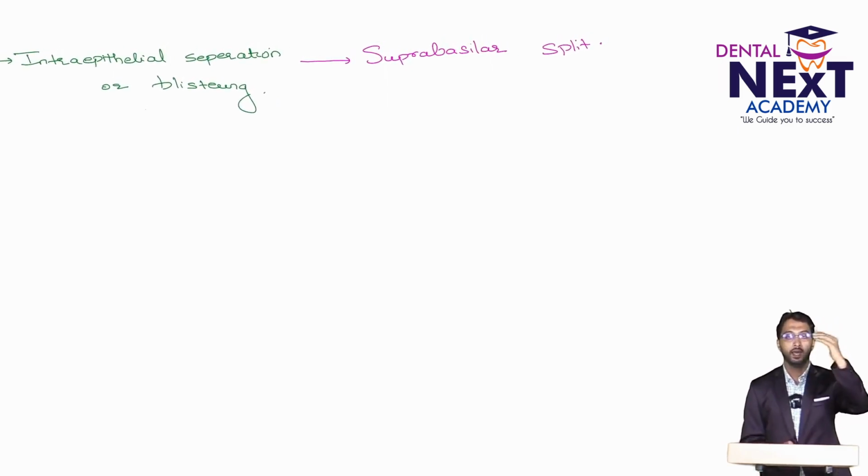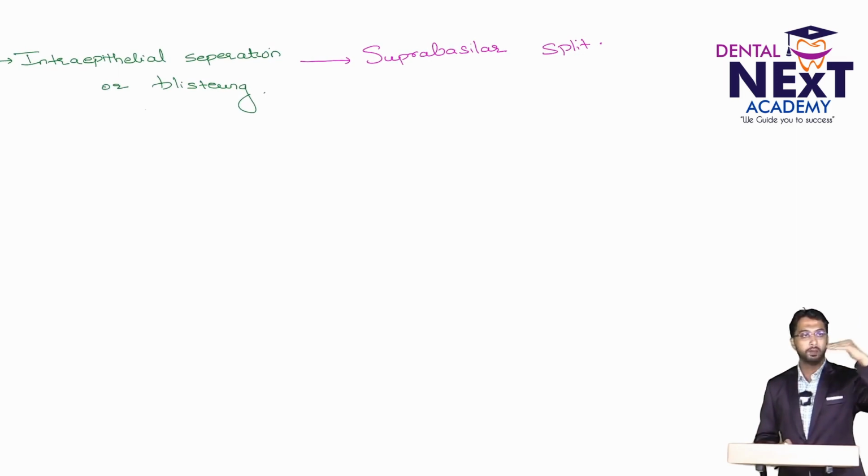Above the basal layer, in the epithelium, you've got the basement membrane, the basal layer. So above the basement membrane, or more commonly above the basal layer. Basal layer, spinous layer, I'll show you in one of the other lesions what they divide into.